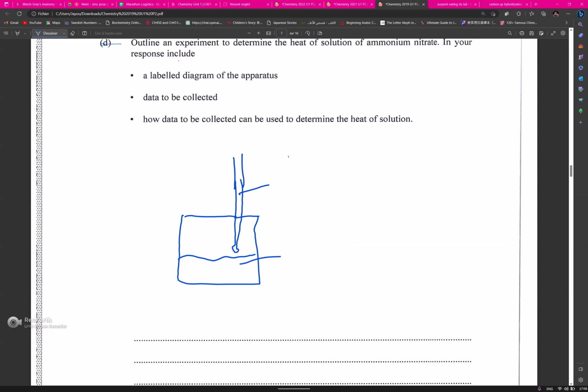So do you remember the thermometer, and that the thermometer will be held by a clamp. Like, I think you guys know how to draw it. So that would be your thermometer. And then over here would just be the solution.